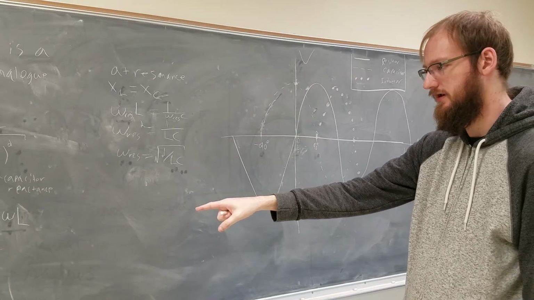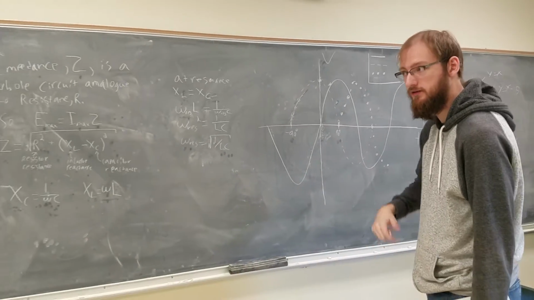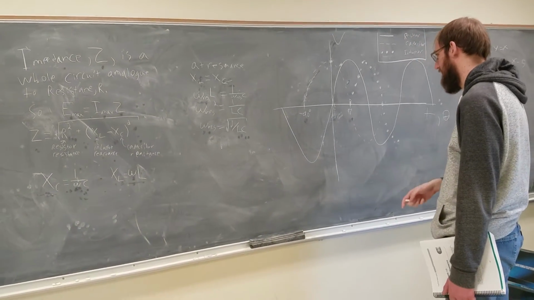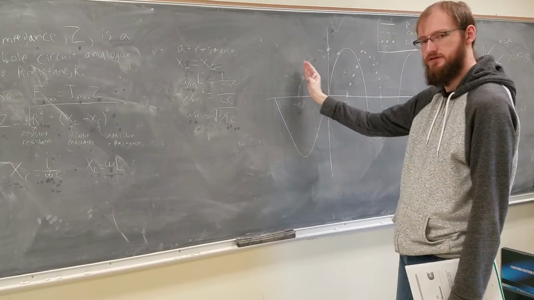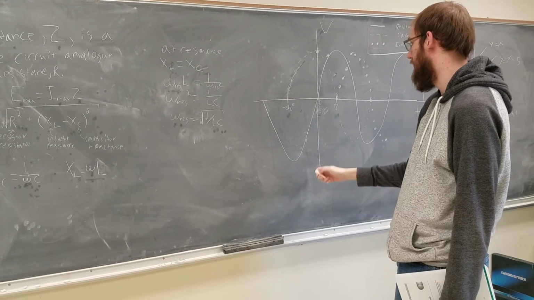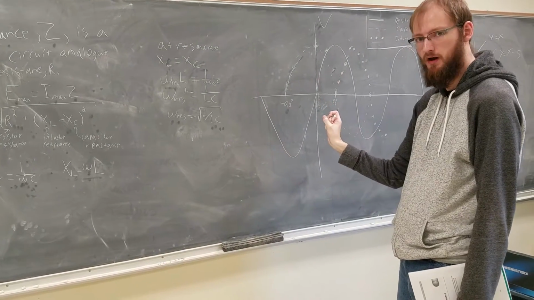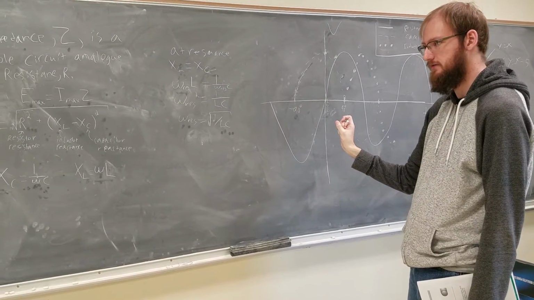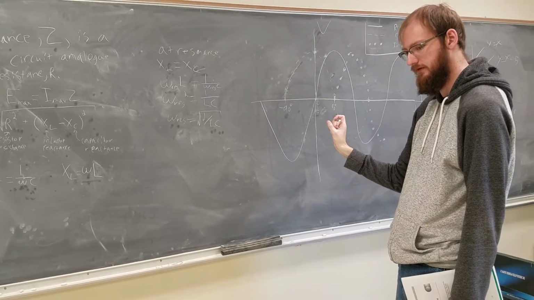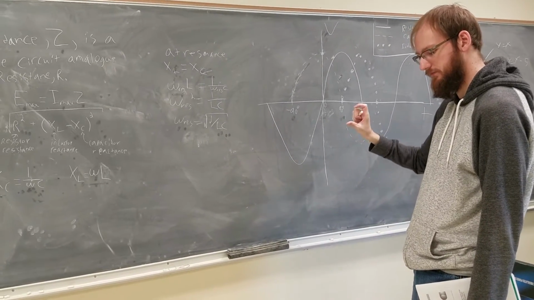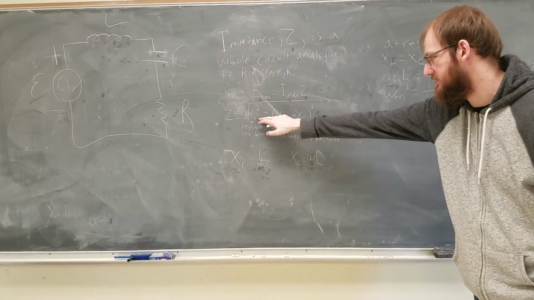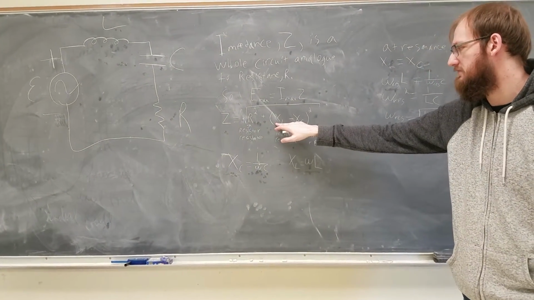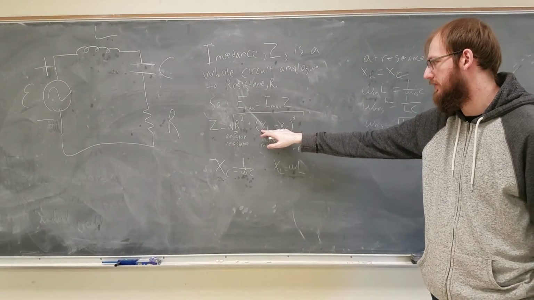So at low frequencies, the reactance of the capacitor is much, much larger than that of the inductor. The resistance doesn't care about frequency, so the signal across that resistor is going to be shifted left, and it's going to be smaller than the total signal, because we've got some value for resistance plus some value for reactance.